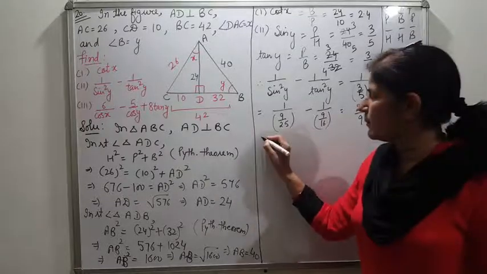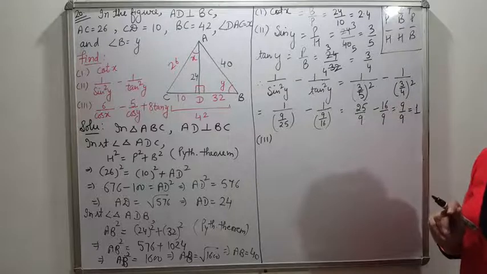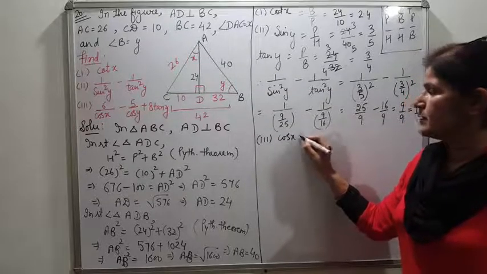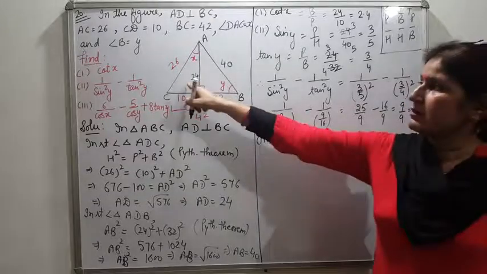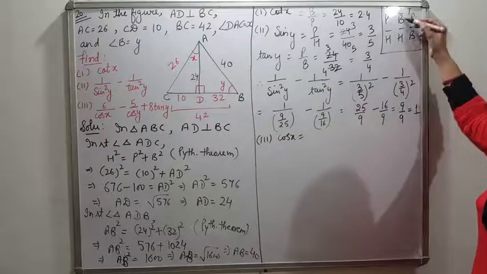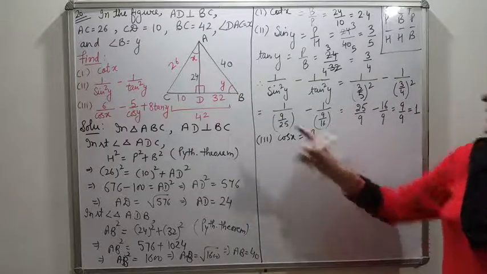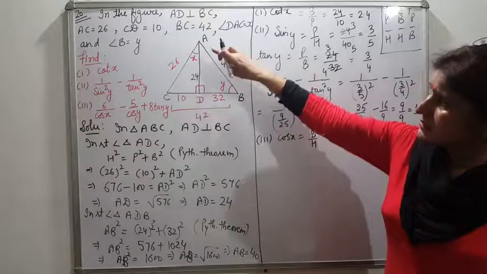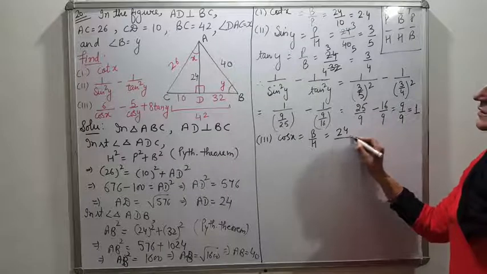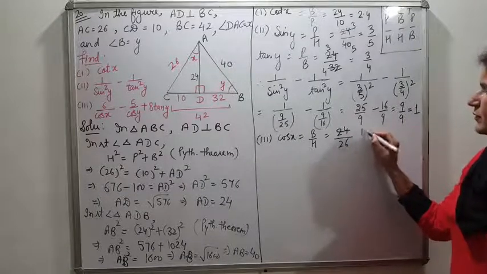Now we do the third part. To calculate the third part, we need to calculate the value of cos x. For cos x, you have to take this triangle where x angle is given. So cos value is b over h. In this triangle, what is base? 24. Hypotenuse is 26. You can reduce them in lowest terms.